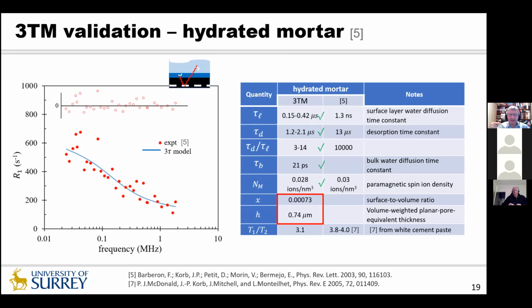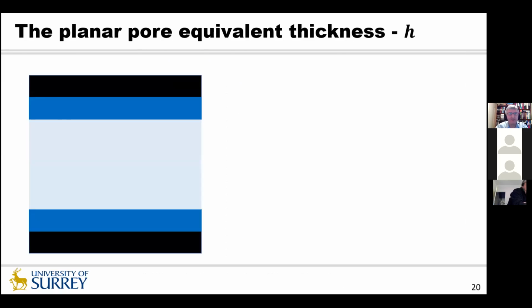And this is designed to give some kind of value associated with, well, I suppose the granularity of the system, the typical thickness of the pores, if you like. And we do this in a very simple way, as illustrated here.